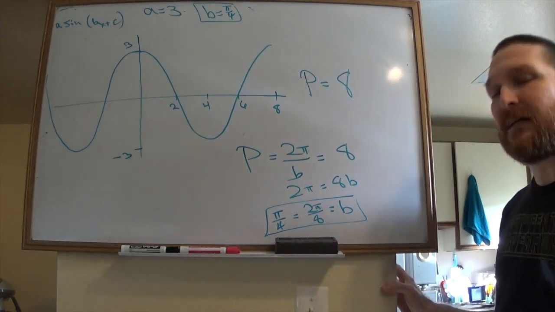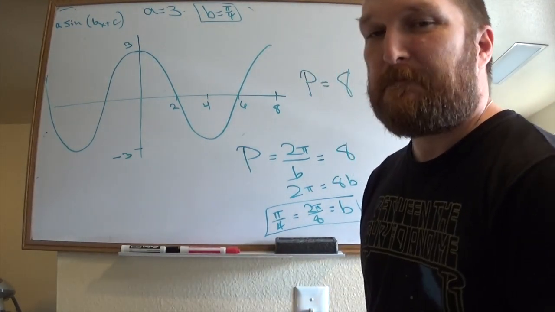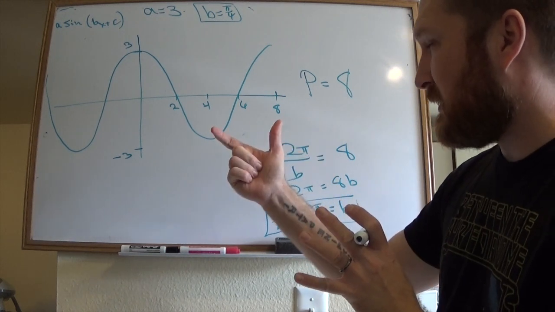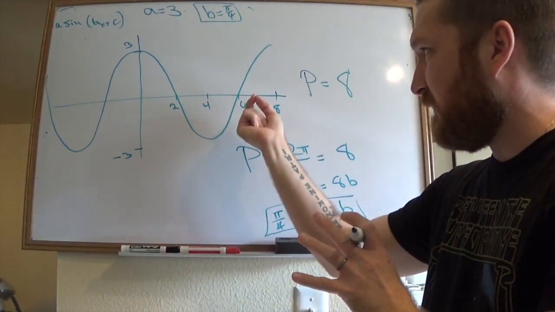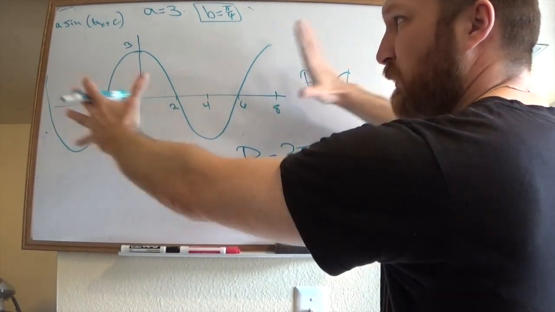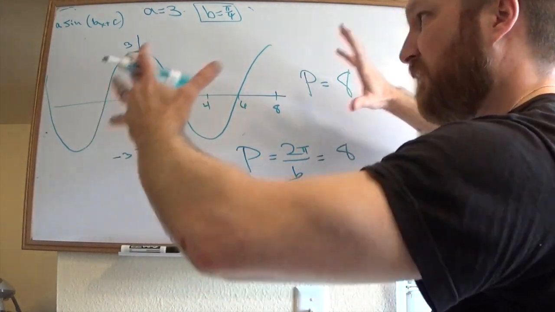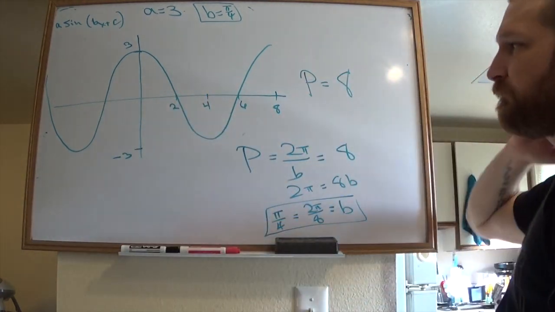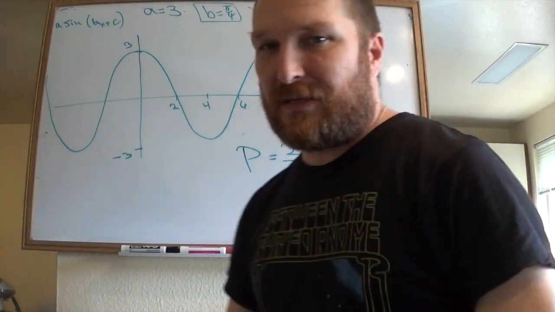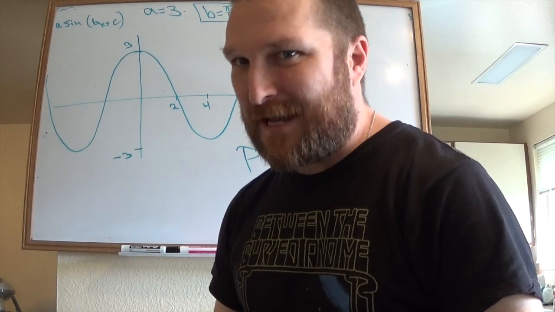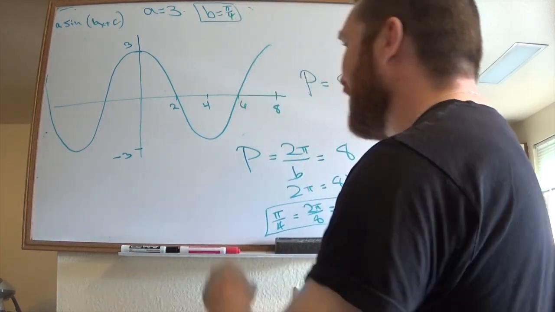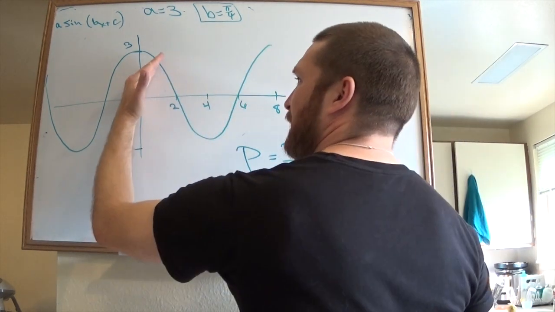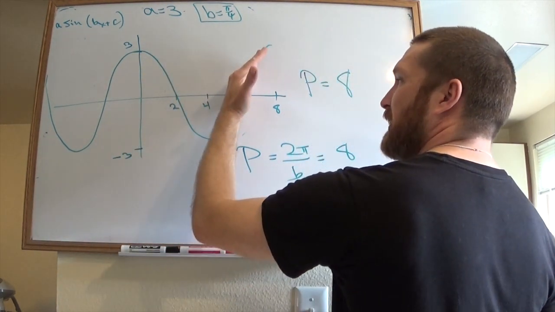Now, there's a couple different ways we could do this. The way that we figured this out before is, with the phase shift, once everything's been stretched and compressed, you can figure that the phase shift is how much you've moved this guy. And it turns out there are infinitely many possible answers here for C. It could be that this was sine, and it got shifted out here to 6.